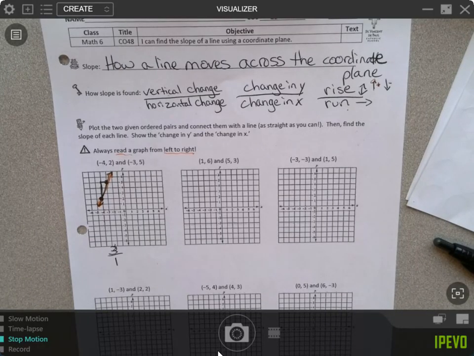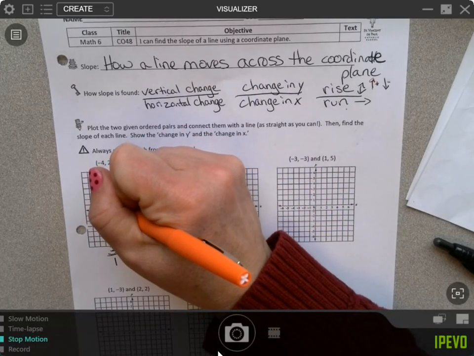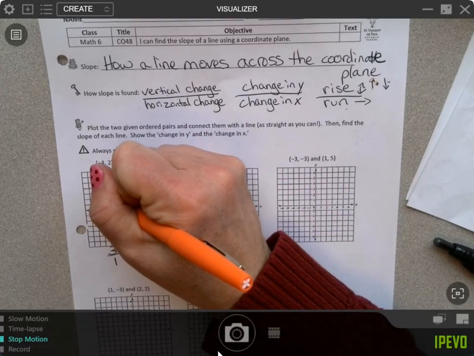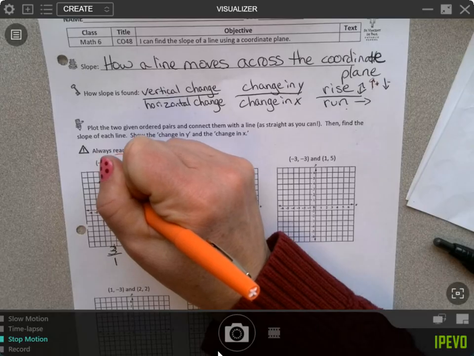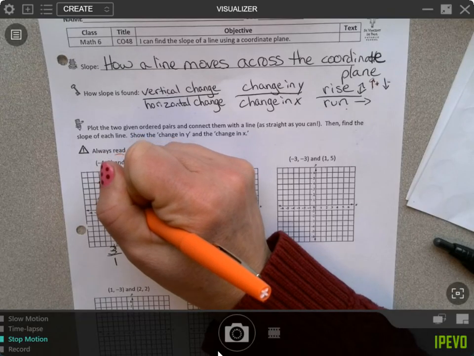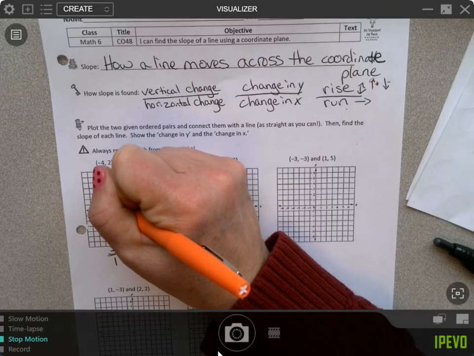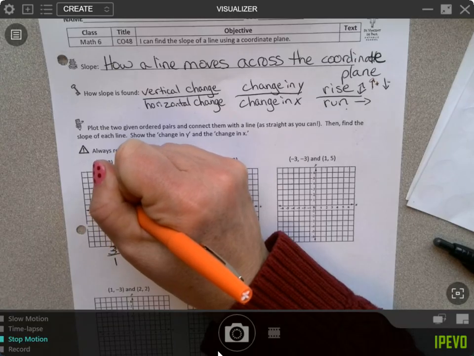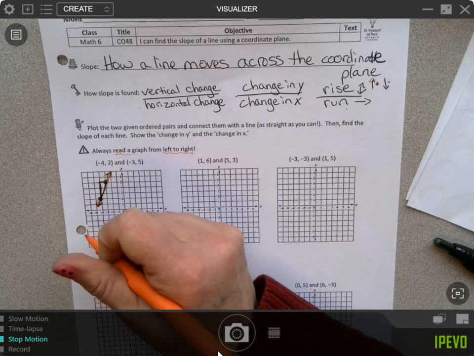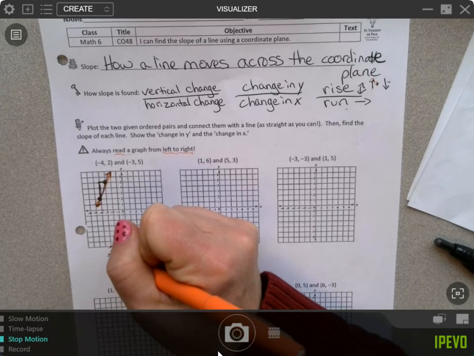Because it's positive, we don't have to draw the positive sign because we know a 3 is a +3. We don't have to put that it's positive. We're going to count how many up we're going till we get level with our second plot. So we've got 1, 2, 3 going up. So we put a 3 on the rise.